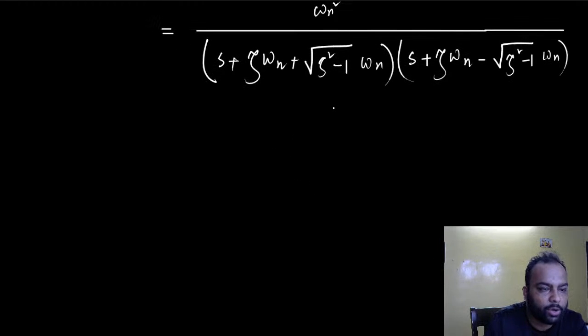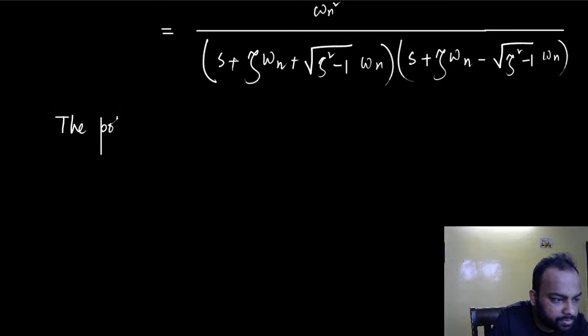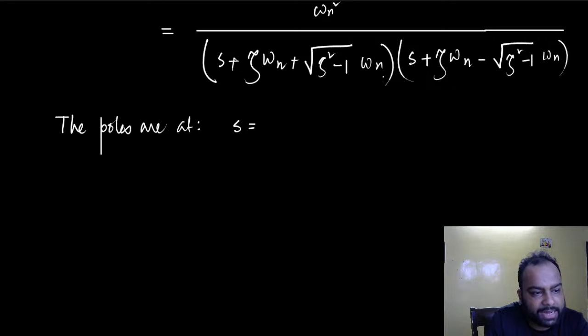All right, so if I ask you what the pole locations are, the poles are of course at s equal to, so here either this term will have to become 0 or this term will have to become 0.